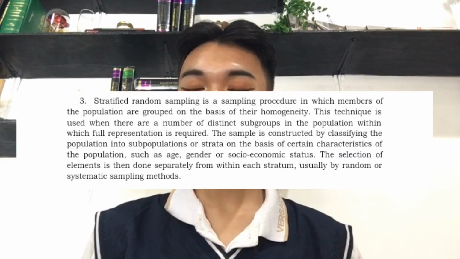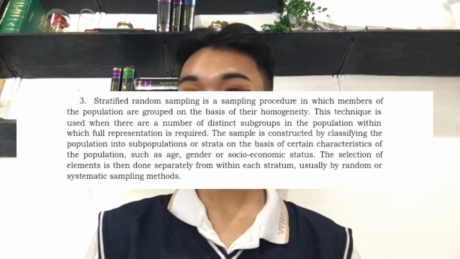First, let's define what is stratified random sampling. It is a sampling procedure in which members of the population are grouped on the basis of their homogeneity. This technique is used when there are a number of distinct subgroups in the population within which full representation is required.